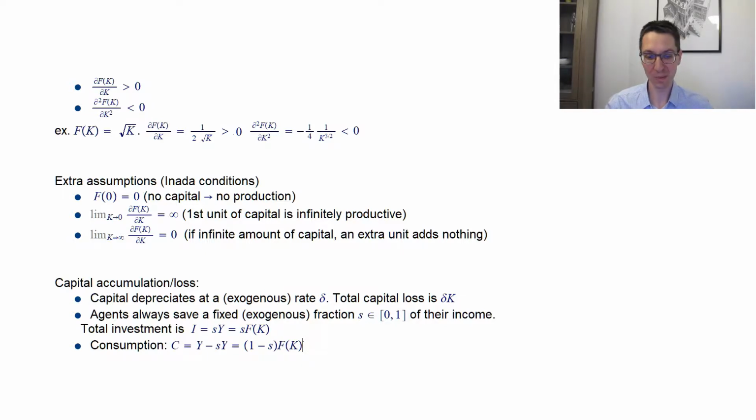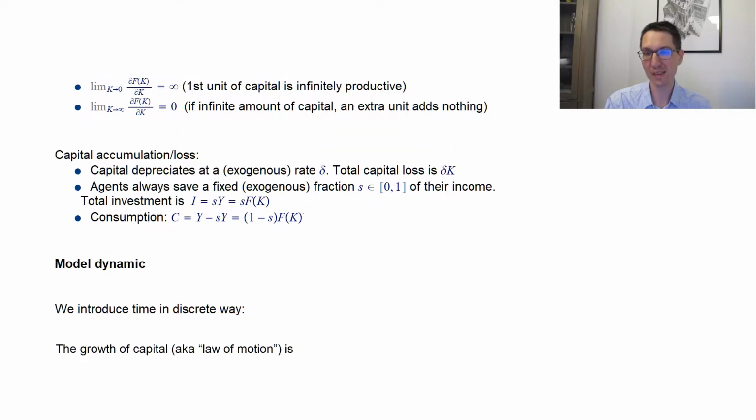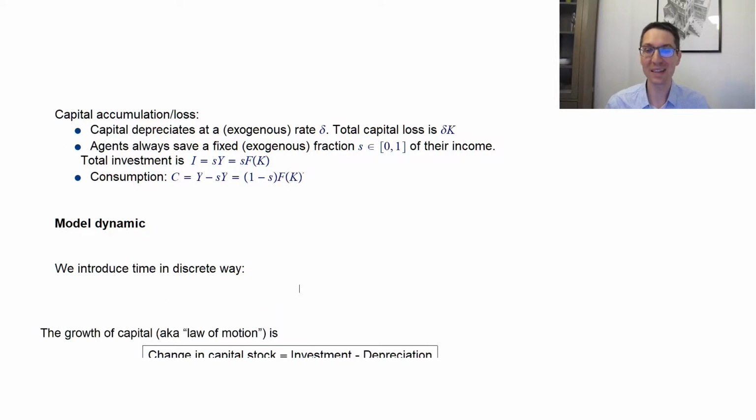We can introduce time typically in two ways, either in a discrete way or in a continuous way. Here we start with the discrete way, which makes intuitive sense. However, once you get experienced, you see that dealing with continuous time can be simpler in terms of the math, but they are mostly similar.